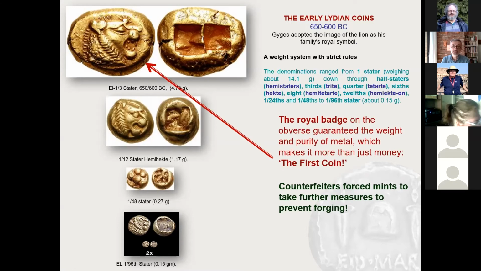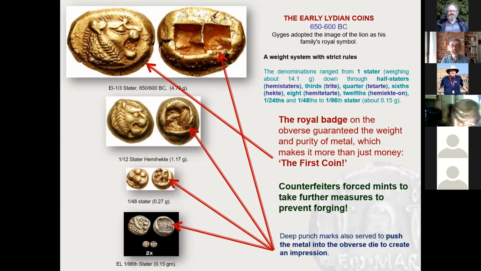And counterfeiters forced mints to take further measures to prevent forging. The punch marks also served in this case to push the metal into the obverse die to create an impression. So the force behind the invention of coinage here obviously seems to be the efforts of counterfeiters, no one else.